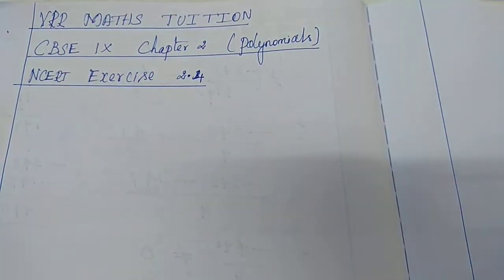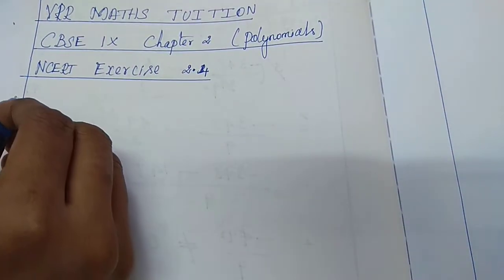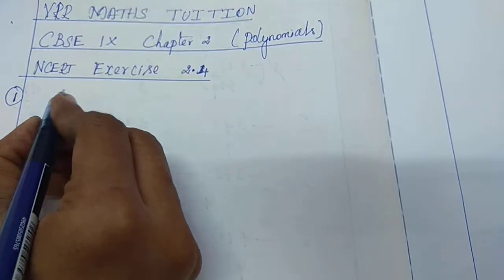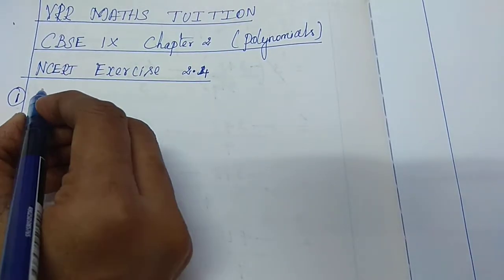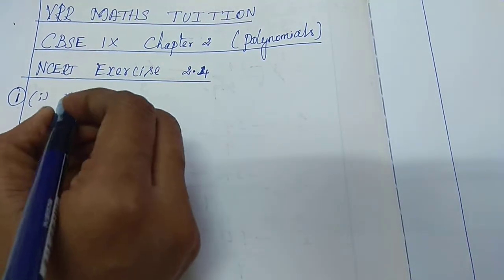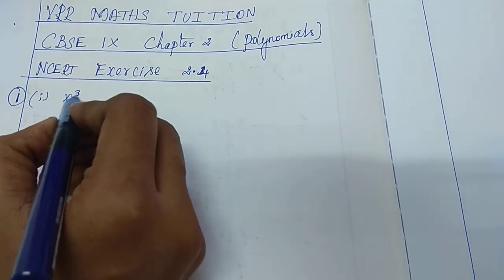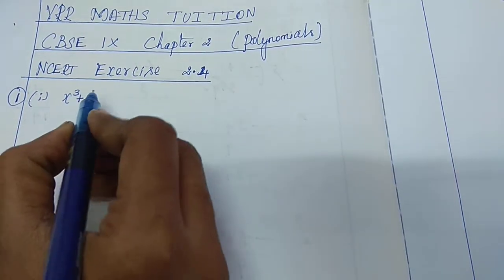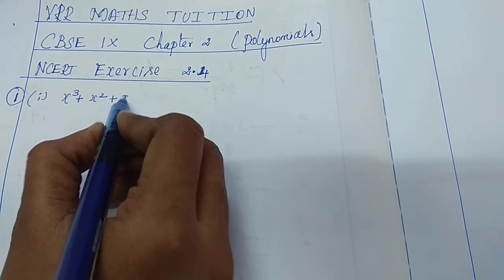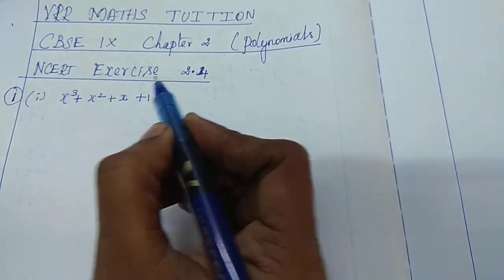First division, question number 1, first division: x cube plus x square plus x plus 1.